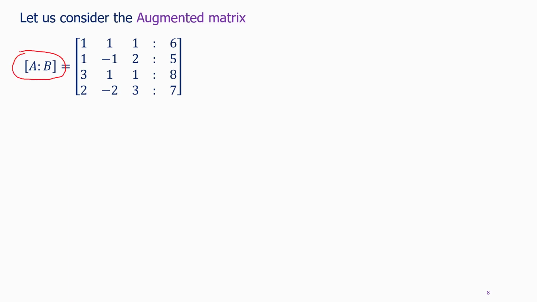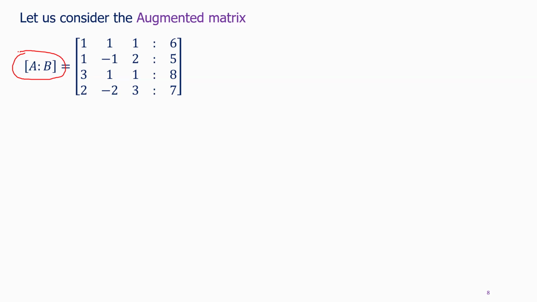If both ranks are the same, then we say that the system is consistent. It means the system has a solution, and this solution may be either a unique solution or infinitely many solutions.